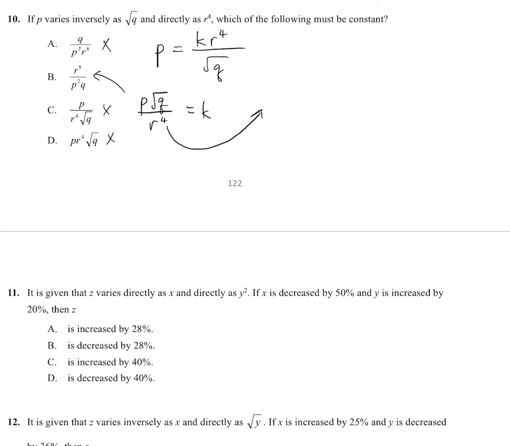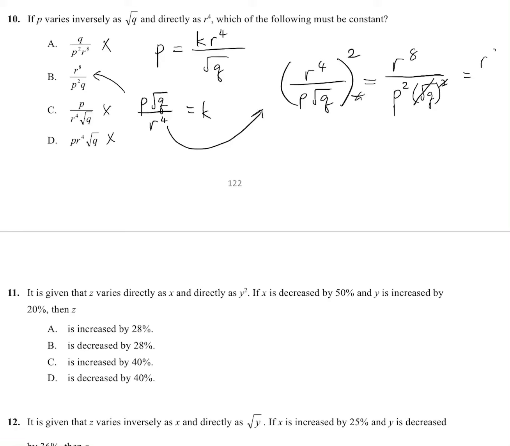Now, not only have they flipped the answer, but they have also squared the whole thing, which means applying the square to all the terms here. So that should actually give us r to the power of 8, p square, and the square root of q is also squared, and you should know that square can cancel out the square root.